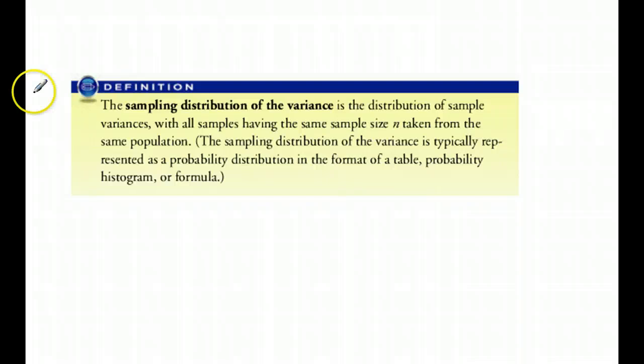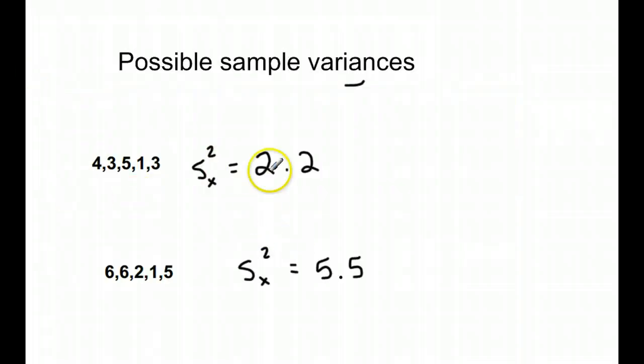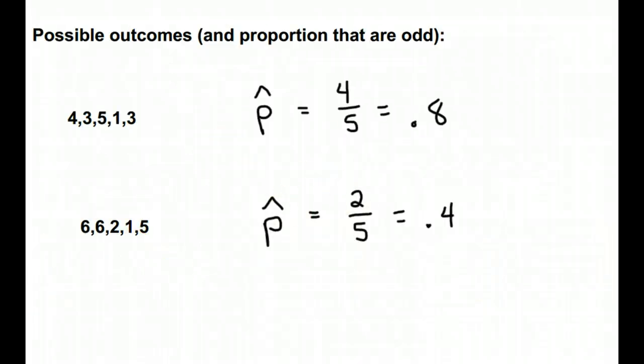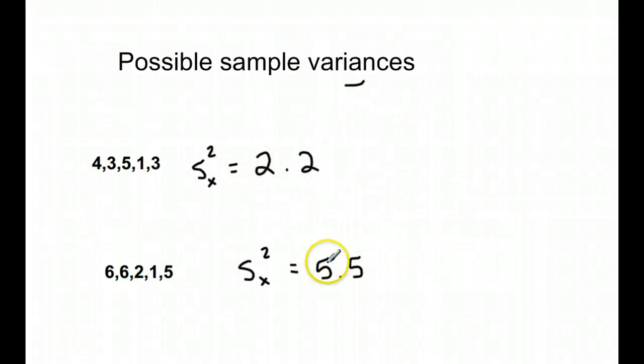All right, and just like the other things we've been saying, the population variance was 1.707 here. These variances that we're seeing here, 2.2, 5.5, were bigger than that value that we were seeing before.